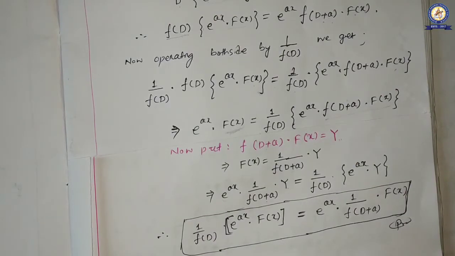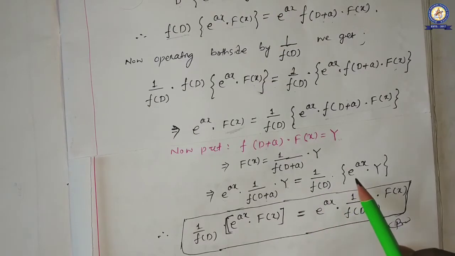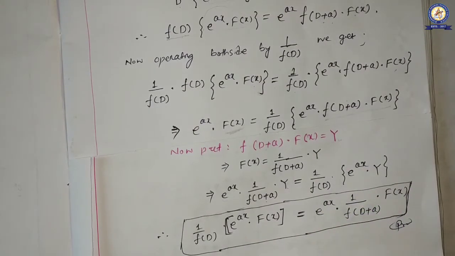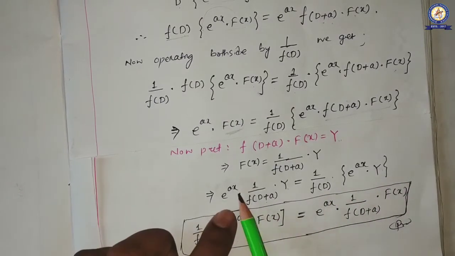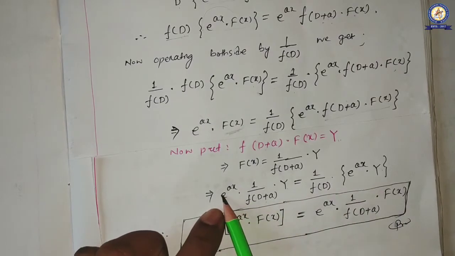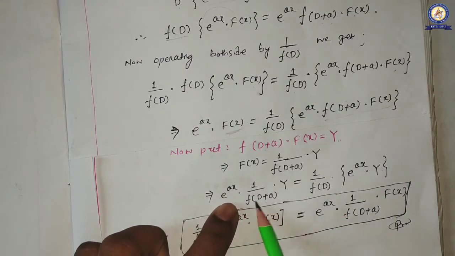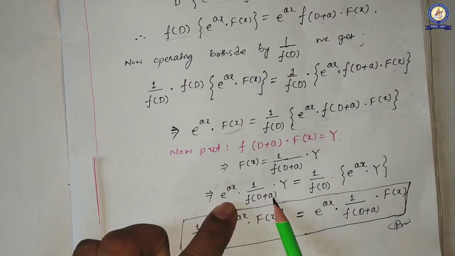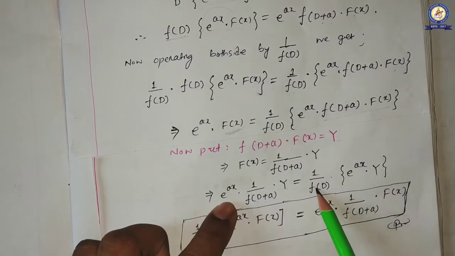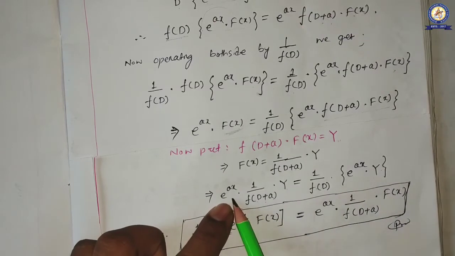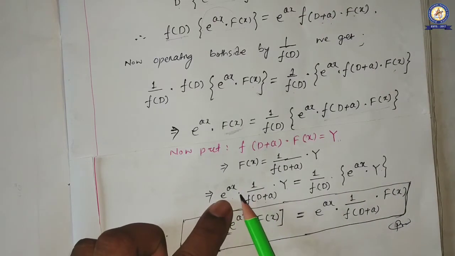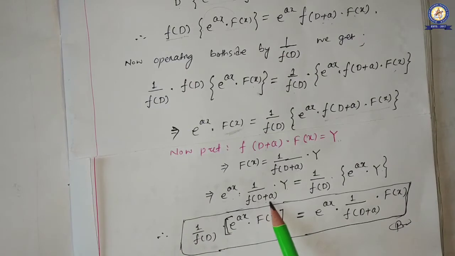So here you can see that 1 by f(D) e^(ax) into Y, how much did we get? e^(ax) is taken outside, but f(D) is shifted to f(D plus a). See, 1 by f(D) e^(ax) into Y is equal to what we found: e^(ax) into 1 by f(D plus a) into Y.